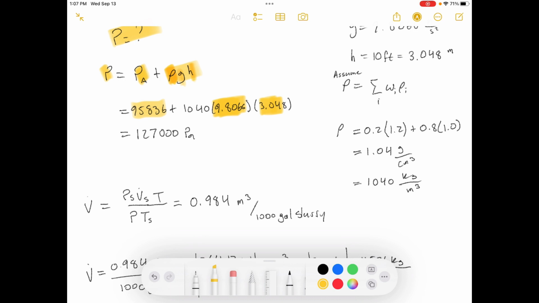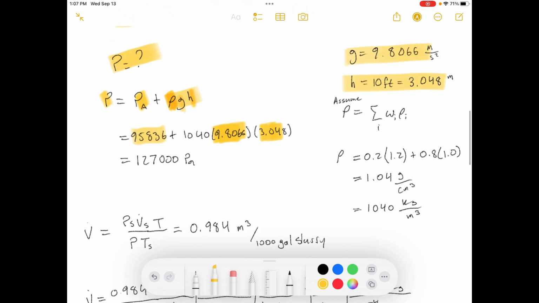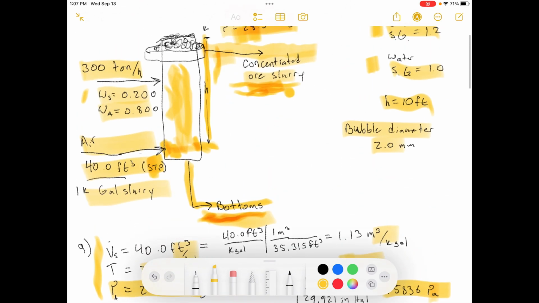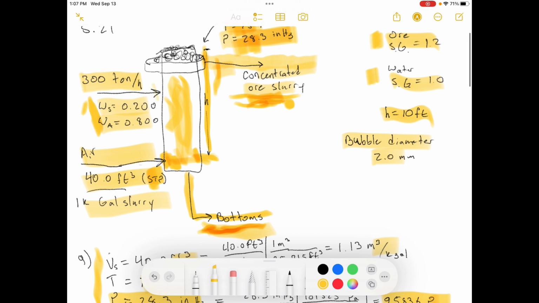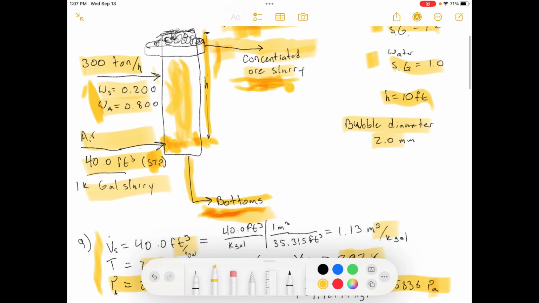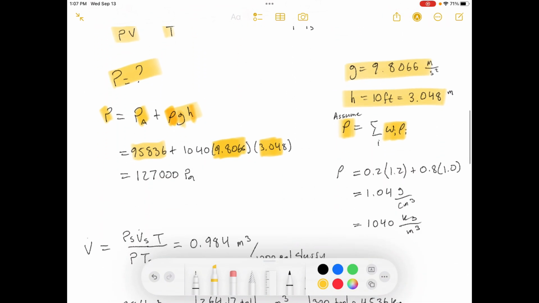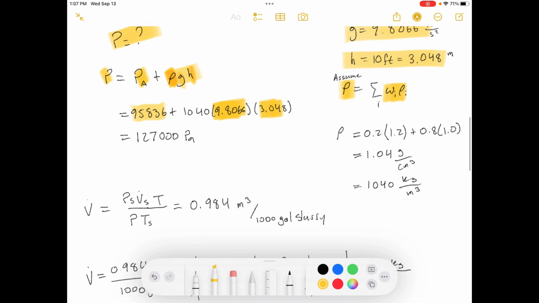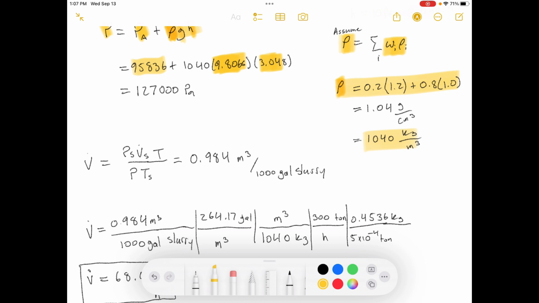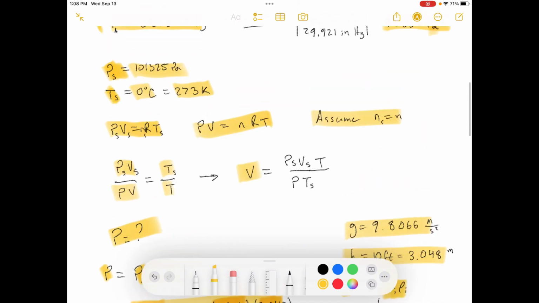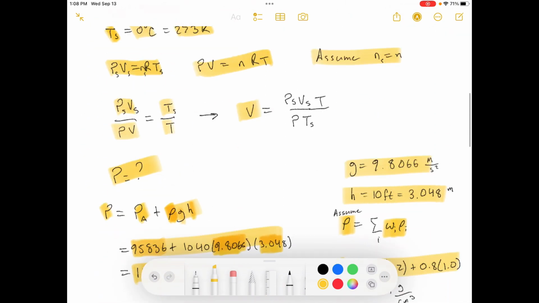We converted that into meters, did that over here, g, h, and then we're going to assume that the density is just a combination of water and solids according to this ratio, okay, and so we're going to assume the whole column is just full of the slurry, okay, and so they mix together according to this ratio so that the mixture density is going to follow this rule, okay. So this is the density that we calculated, and we use that to calculate what the pressure is down at the bottom, right here where the air enters, okay.